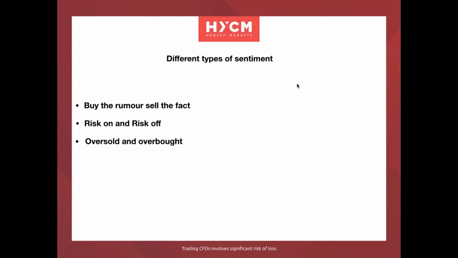So that's the way to use the Commitment of Traders report: look at what the latest monetary policy shift has been, and where the majority of market participants are positioned. That's a sentiment shift that you can take advantage of, and you can quickly see whether something's oversold or overbought.